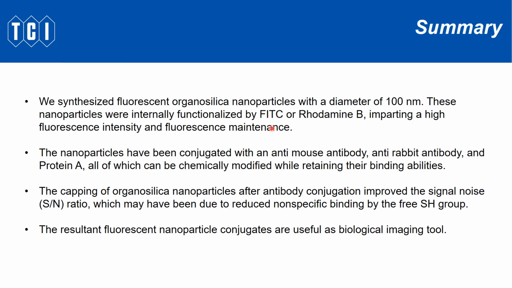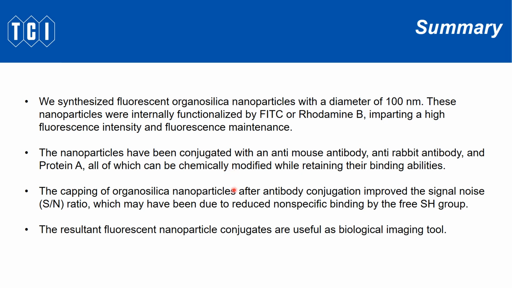These are summaries. We synthesized fluorescent organosilica nanoparticles with a diameter of 100 nanometers. These nanoparticles were internally functionalized by FITC or Rhodamine B, imparting a high fluorescent intensity and fluorescent maintenance. Nanoparticles have been conjugated with an anti-mouse antibody, anti-rabbit antibody, and protein A, all of which can be chemically modified while retaining their binding abilities.